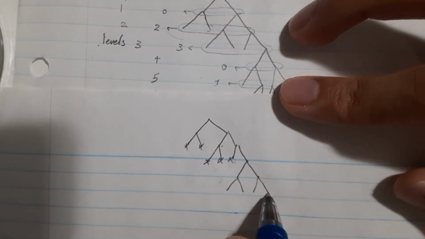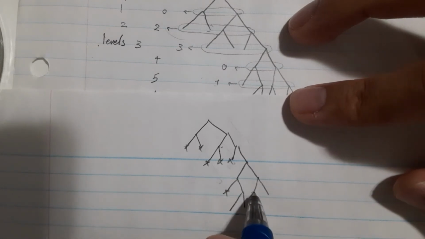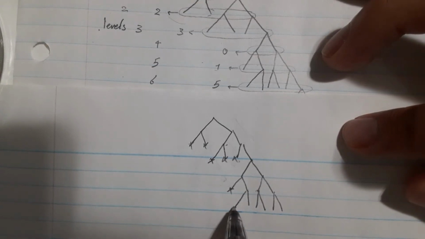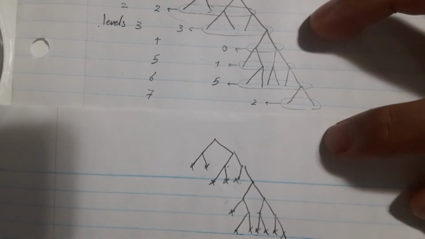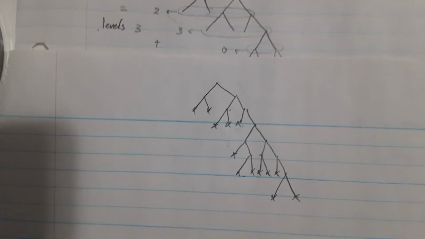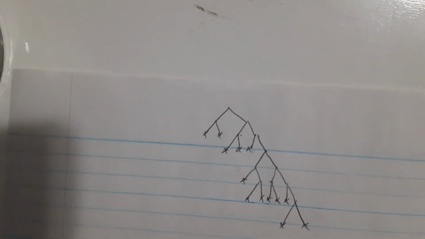For length 5, 1. For length 6, 5: this, and this. And for length 7, 2. Okay, these 2. Now somebody can say, okay, can we do better?